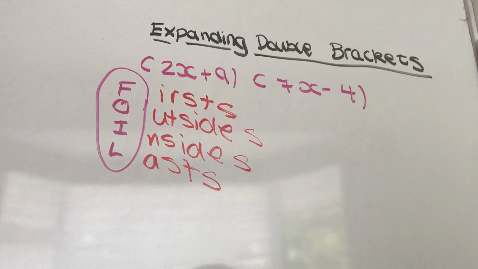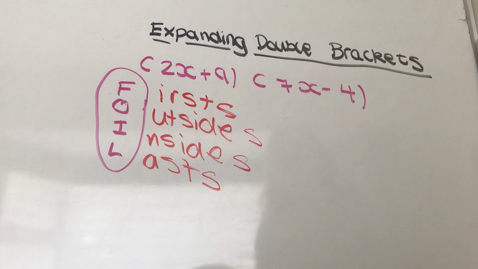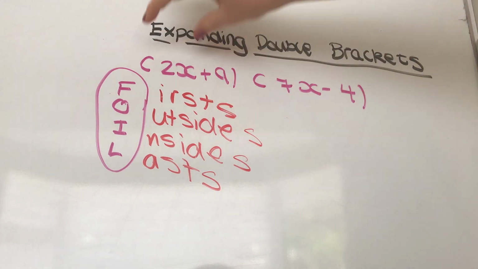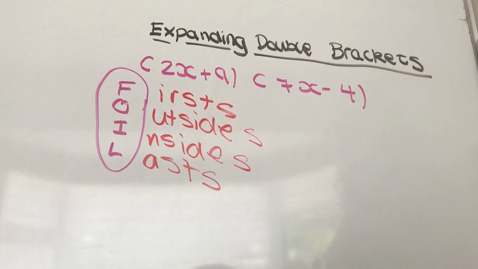So, what is it telling me to do? Well, it's telling me, first of all, to take the firsts. The firsts are going to be the first terms in each bracket. So our 2x is the first term in this bracket, and our 7x is the first term in this bracket.